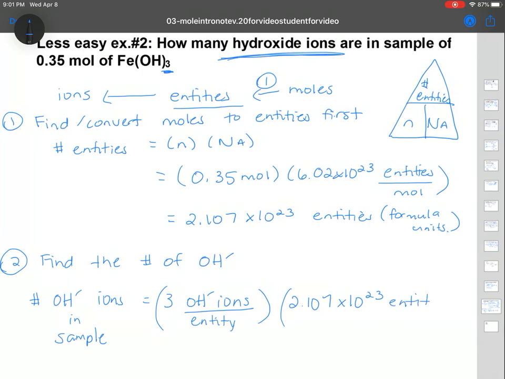So let's say, if we are able to ever really write real tests, let's say this was part A and this was part B, or even step 1 and step 2, and you got this number here wrong, then as long as you carried your mistake through correctly, I would not take marks off twice. So always show as much work as you can in order to get part marks if you're worried about it. Okay? So you just multiply, the entities cancel out, and you're left with the number of ions.